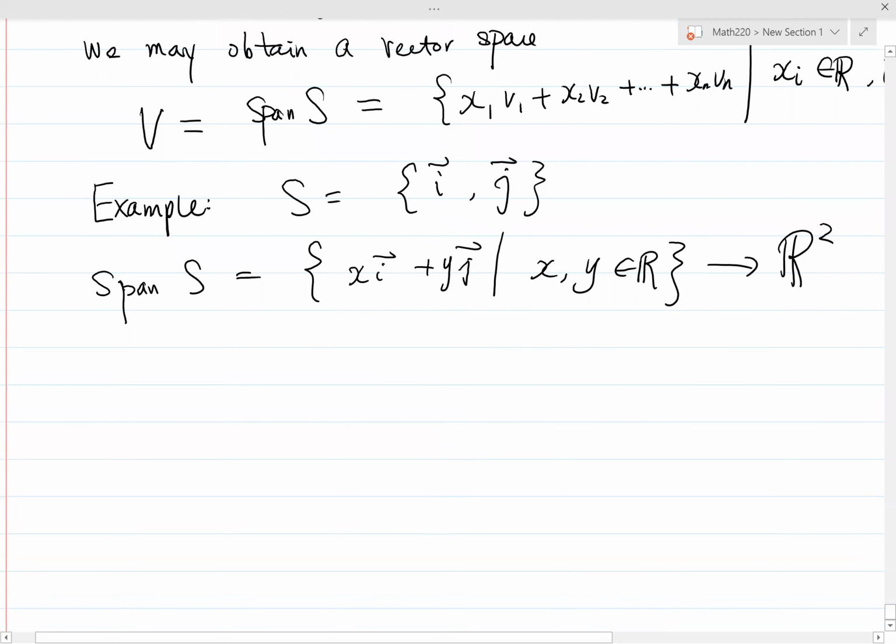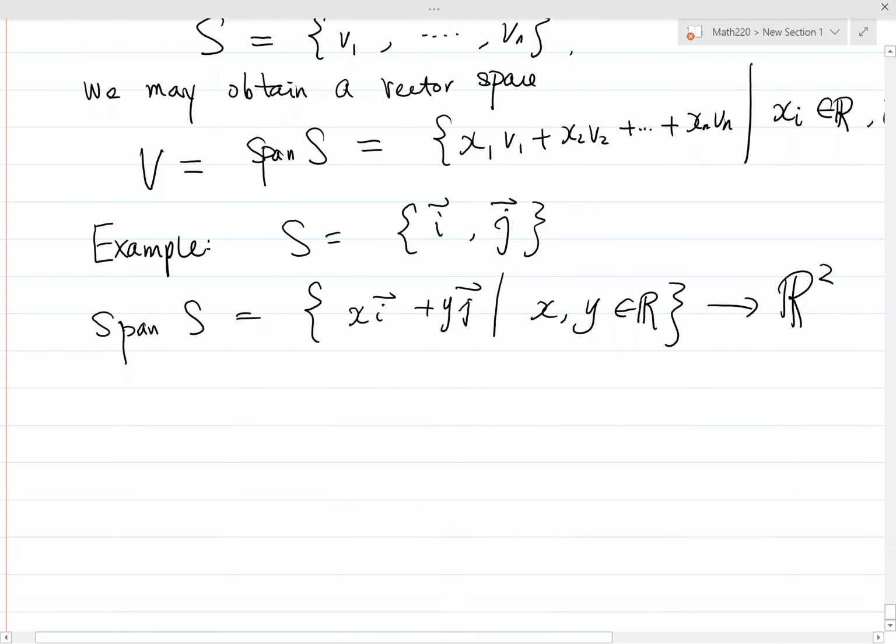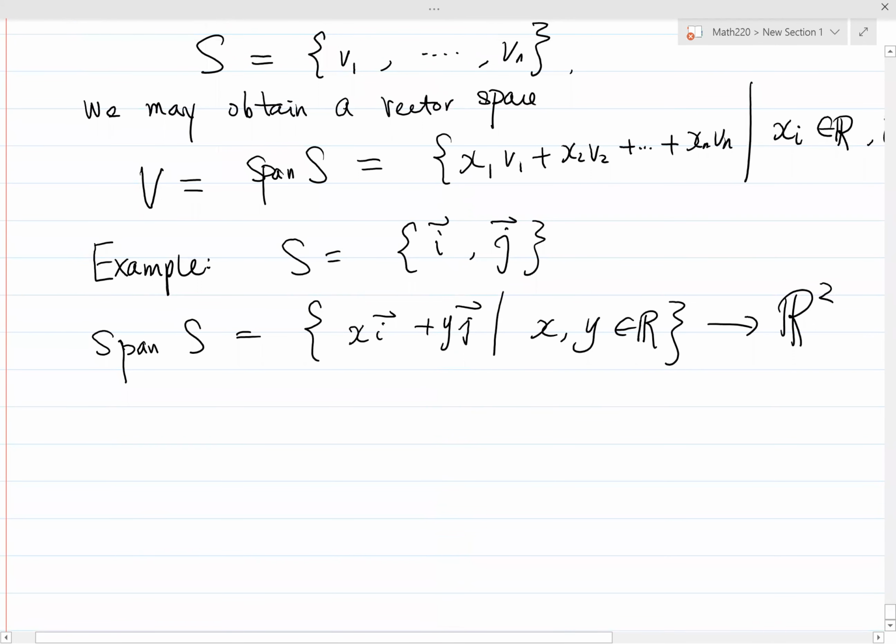Now, of course, there may be redundancy in the generating set S. For example, take S to be i, j, i plus j.